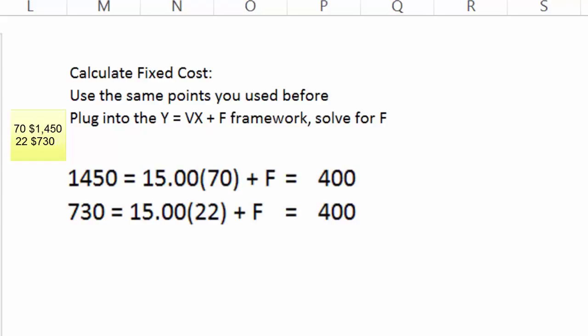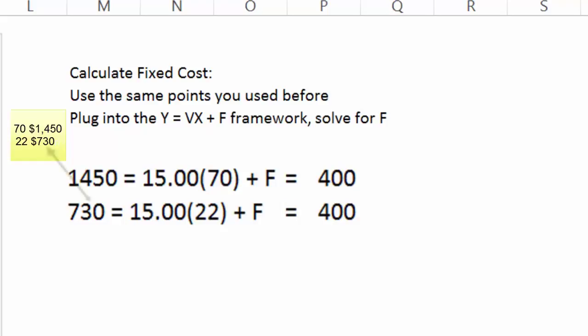We're going to start out by taking the first point, 1450 equals 15, that's our variable cost, times 70, that's our driver unit from that high, plus f. And when we solve for f, we get 400. To double check it, let's put it into the second equation.